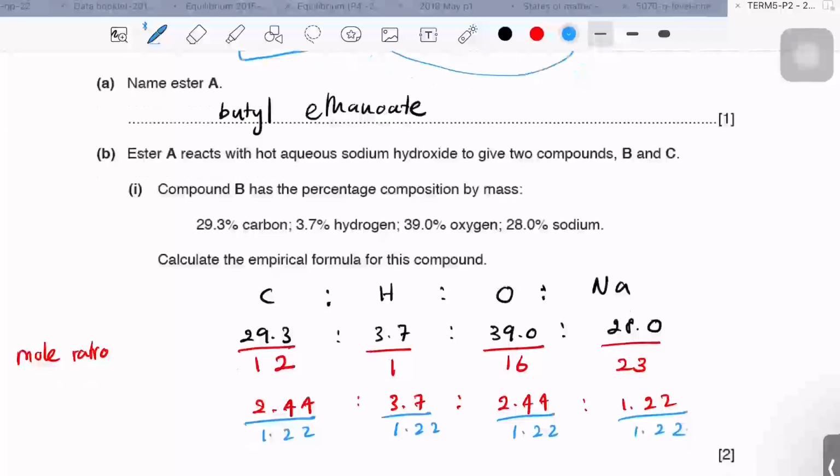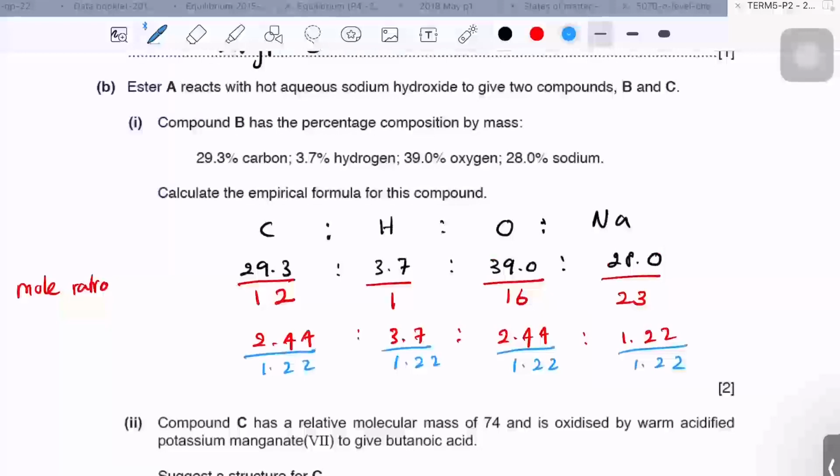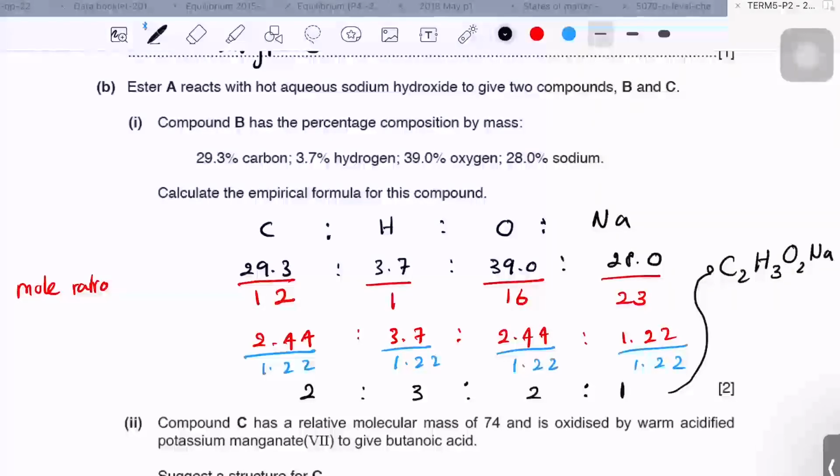So the simplest whole number ratio you get is 2 to 3 to 2 to 1. That's the empirical formula: C2H3O2Na. Did you all get this formula?